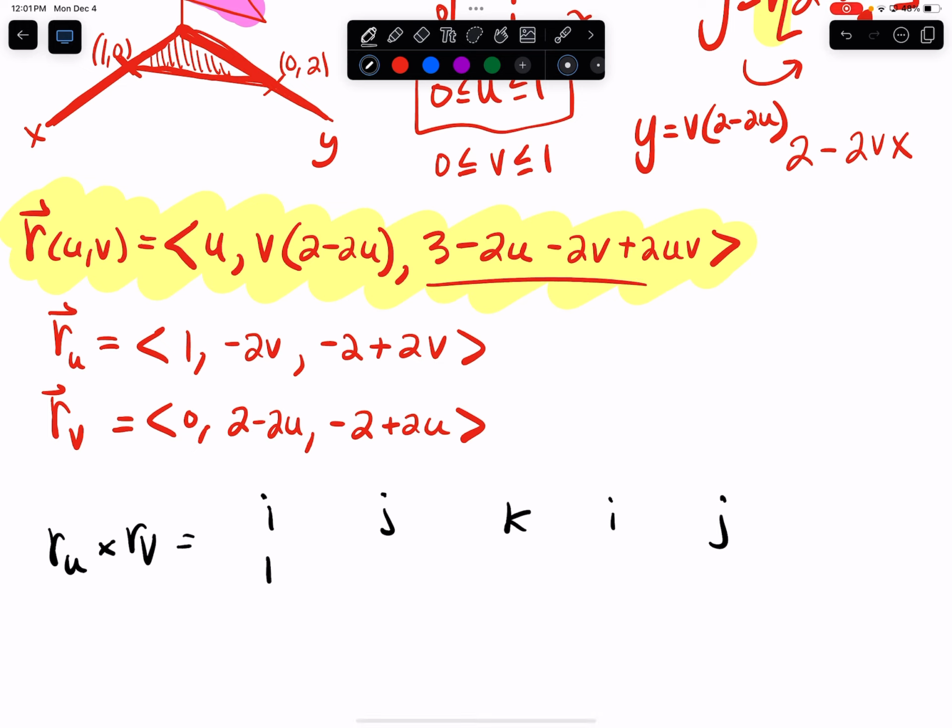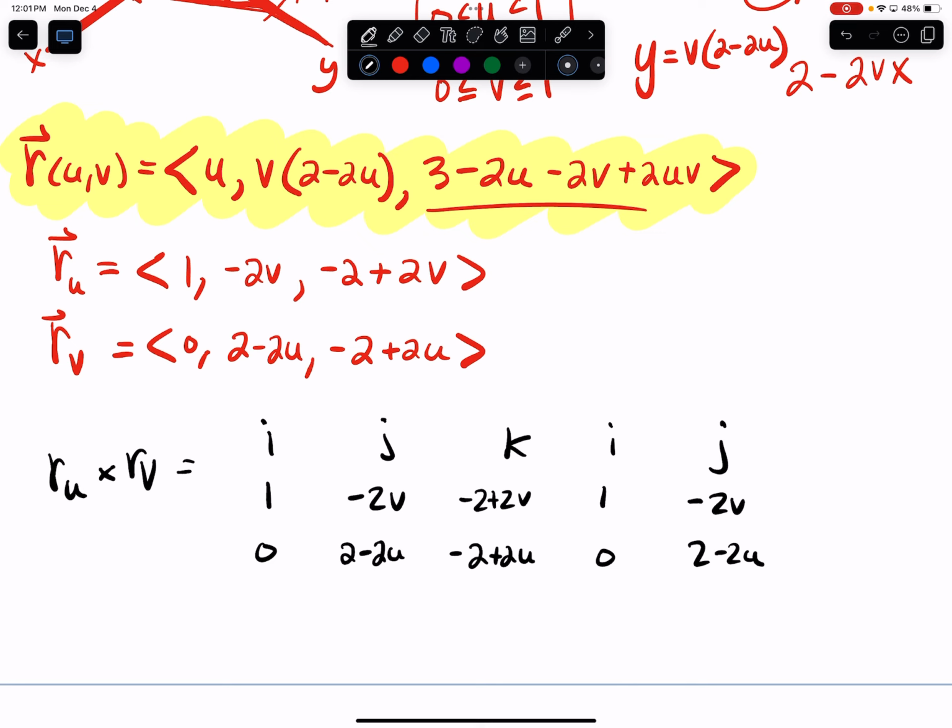So that's the i component: 1 minus 2v times negative 2 plus 2u, minus 2 minus 2u times 2 minus 2u... So boom, boom, boom.